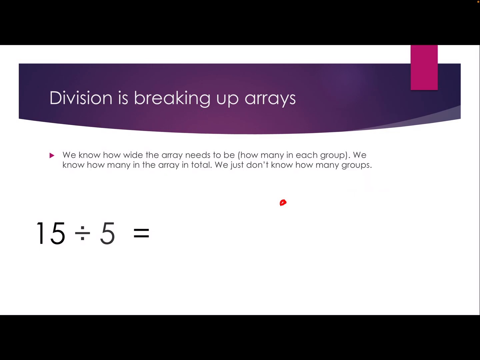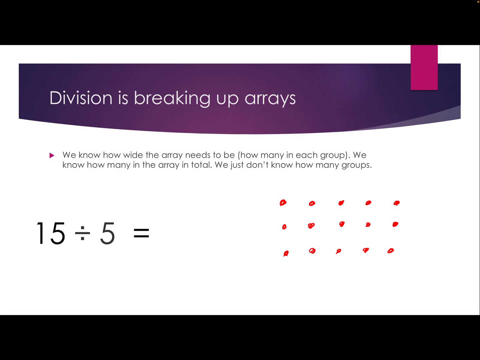Well, I can give one person 5 things. And I've used up 5. But that's not everything. So I can try giving 2 people 5 things. I've used up 10. Well, that's not everything. I can try giving 3 people 5 things.